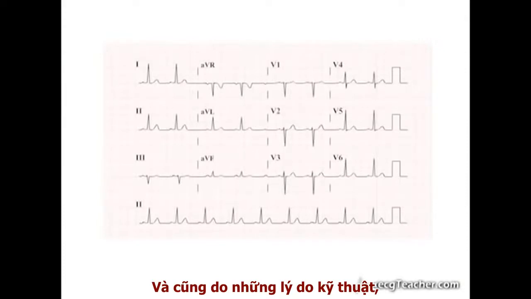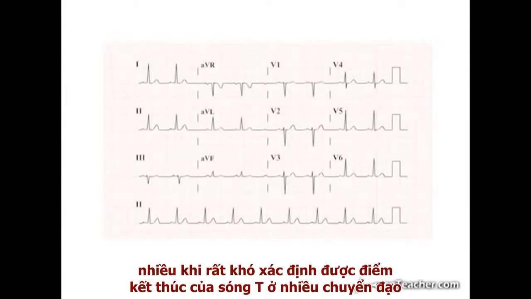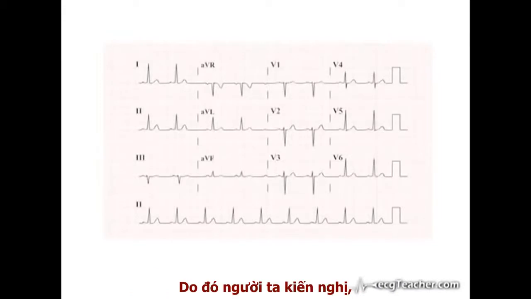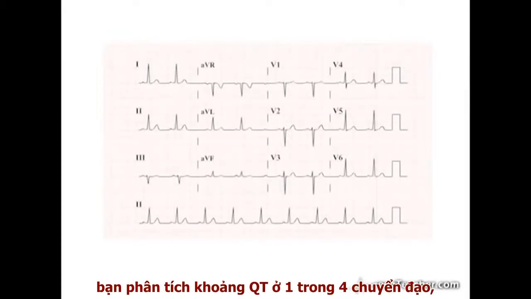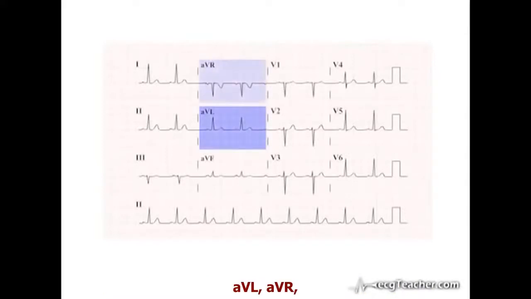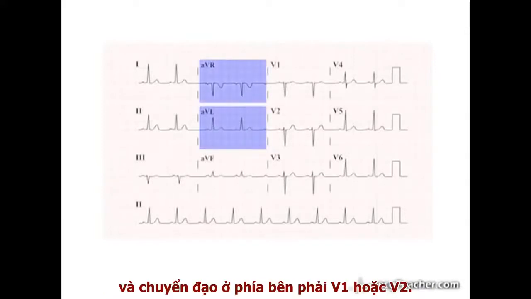Also, for technical reasons, it can be difficult to identify the end of the T-wave in many leads. It is recommended, therefore, that you analyze the QT interval in one of 4 leads: AVL, AVR, or one of the right-sided chest leads, V1 or V2.